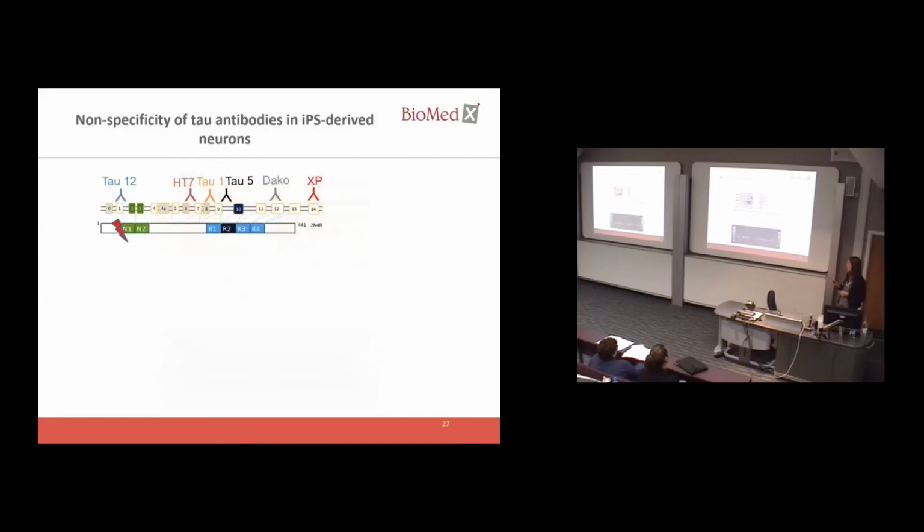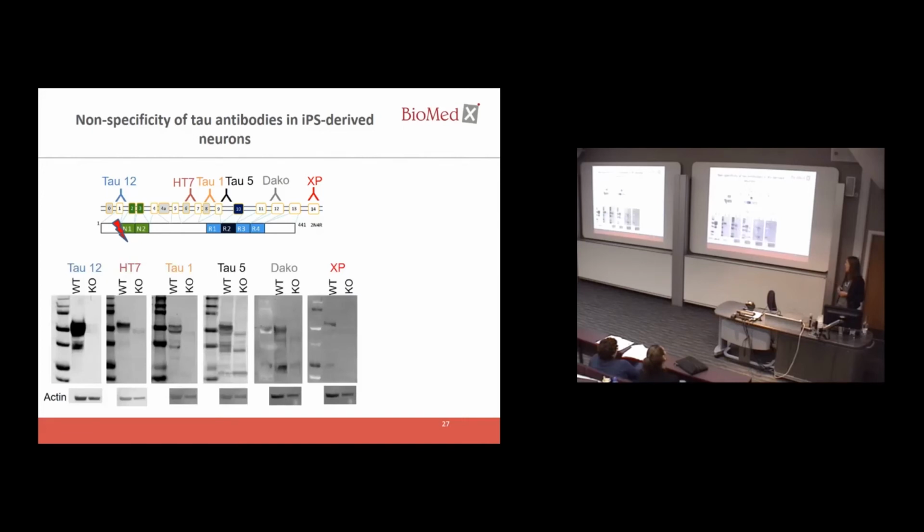And we thought, okay, great. We will just run some Western blots with total tau antibodies to verify. These antibodies have their epitopes spread out all over the protein. And most of the time, you get a strong band in the wild type and little to nothing in the knockout.